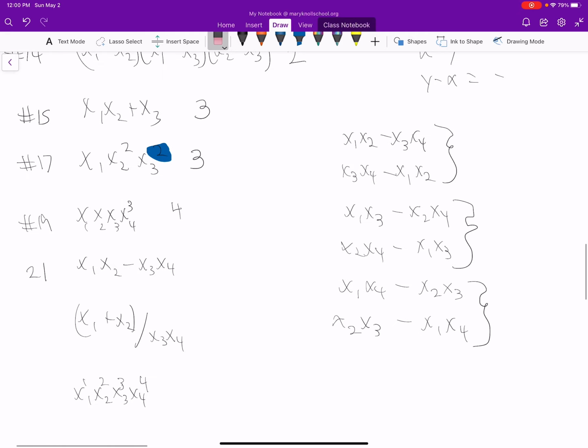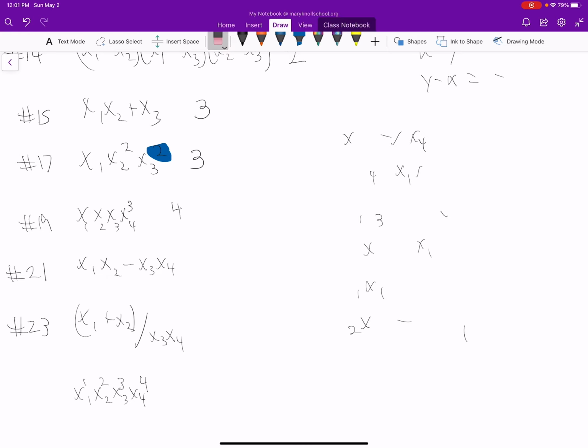So let's look now at what number is this? This is going to be number 23. So the distinct variants here, I believe, is 3?